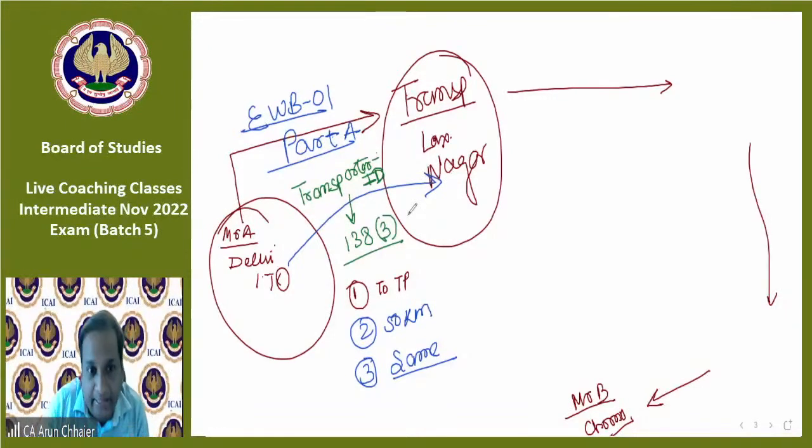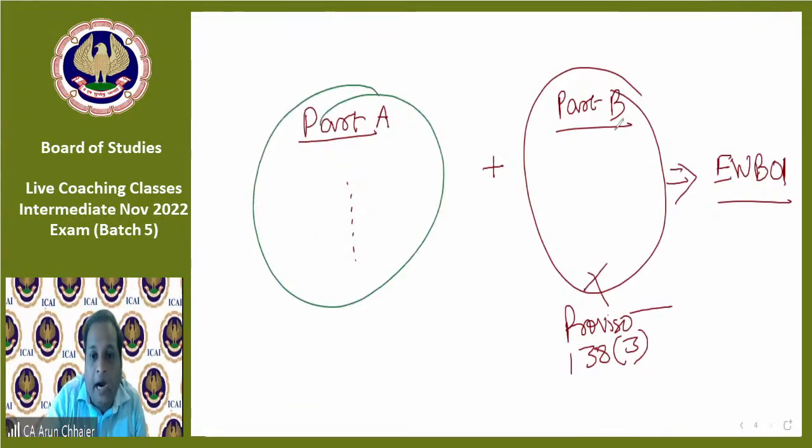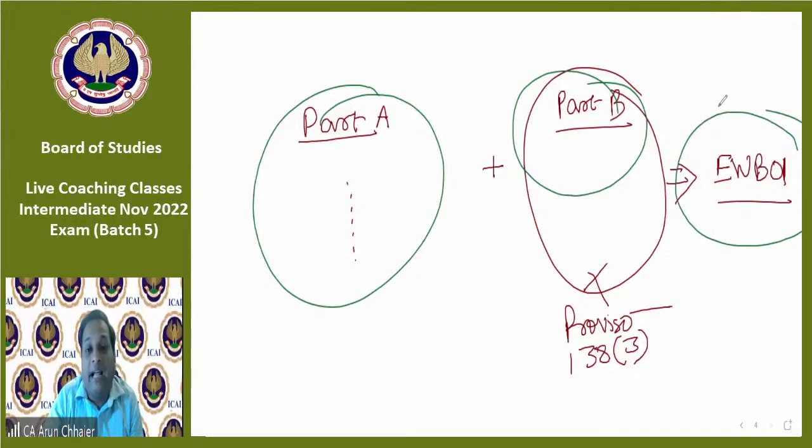I am repeating again. Normally, part A and part B both have to be added. Then only it is valid for movement. That is called the e-way bill, and it is valid for movement. Is there any exception? The answer is yes. There is one exception: the proviso to Rule 138 sub rule 3.